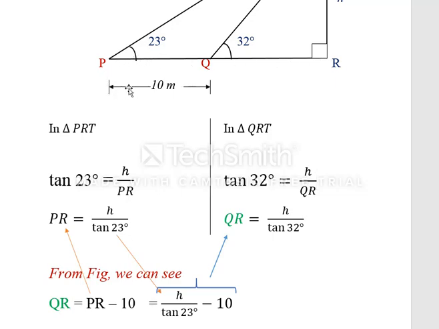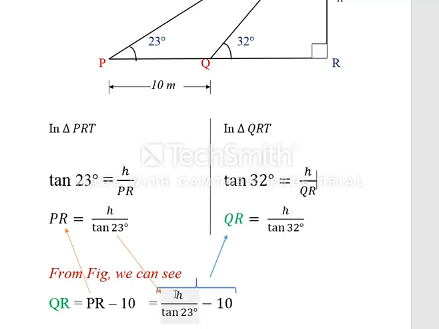If you subtract this 10 from this whole line PR, you will get QR. So therefore QR is PR minus 10. We have already found this PR, so now we will plug in the value of PR into here.